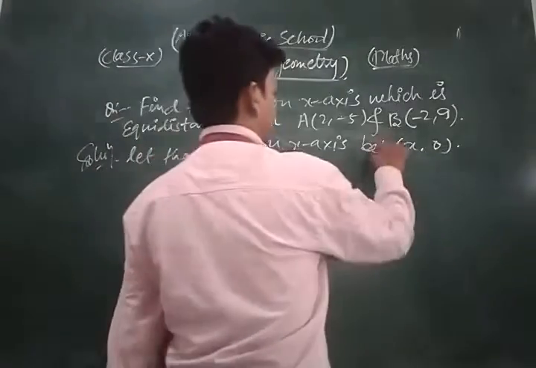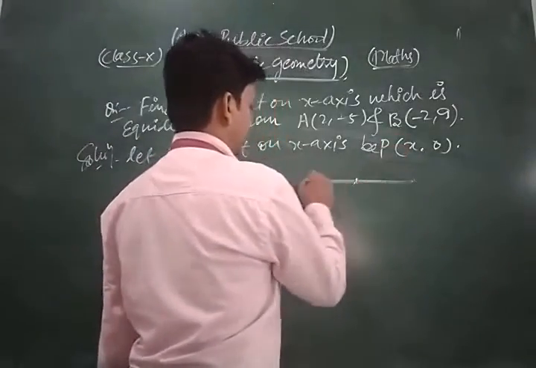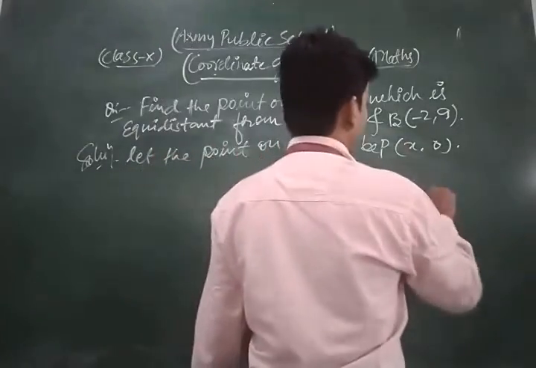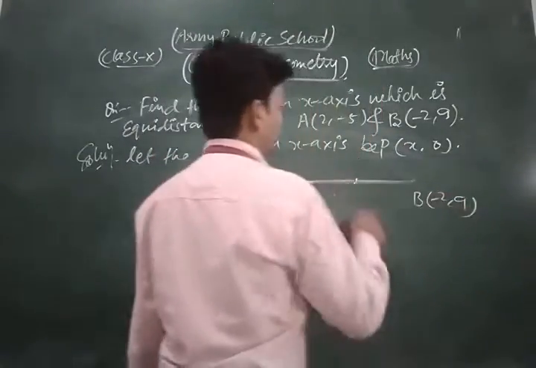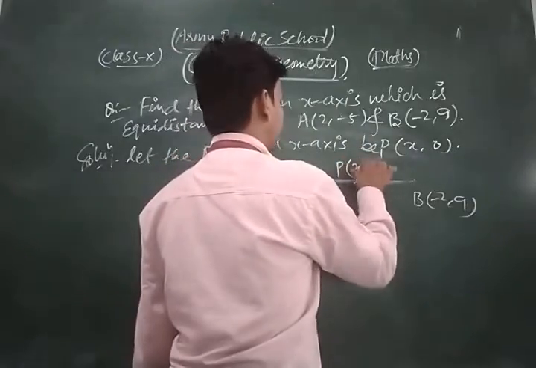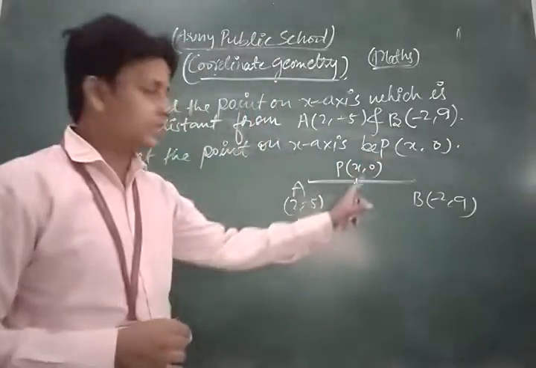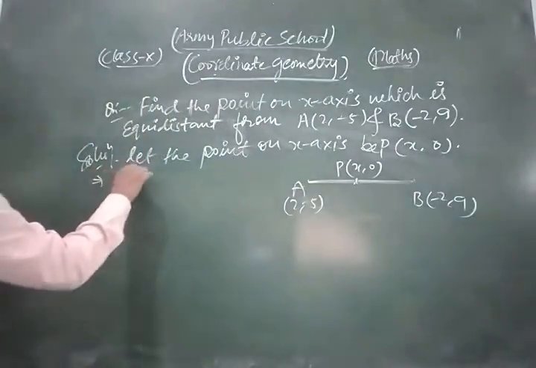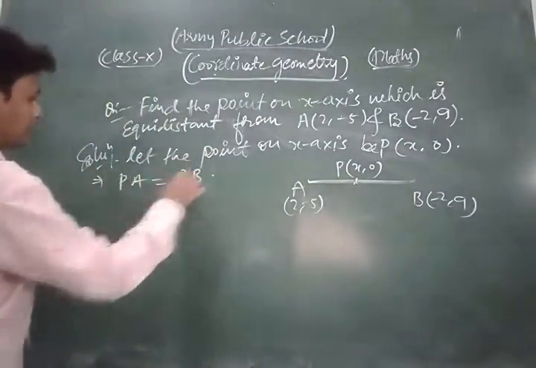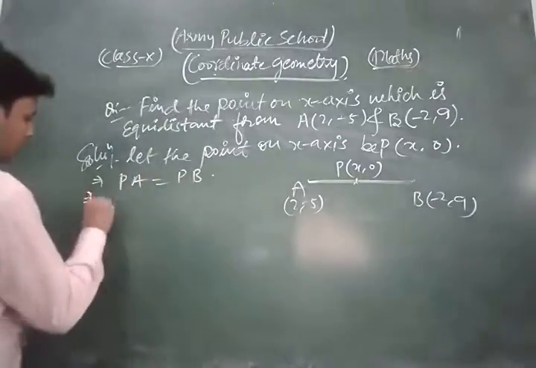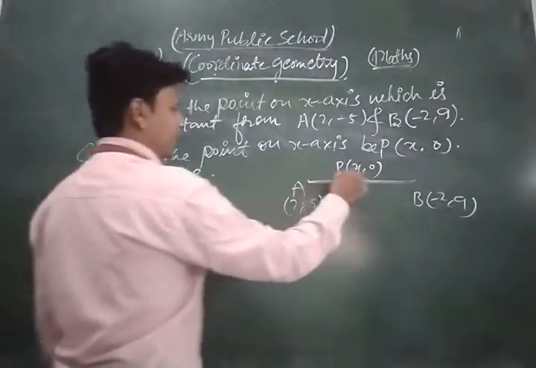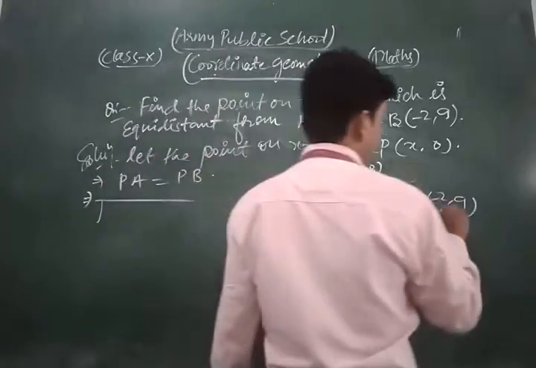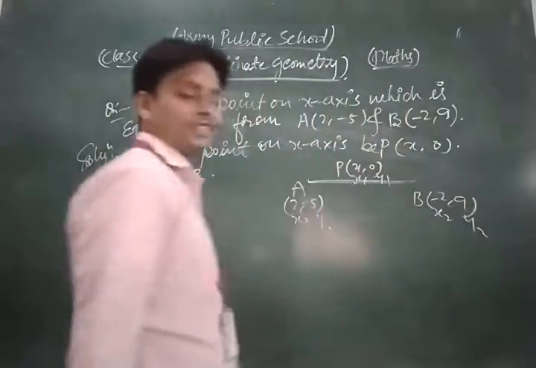Let P be that point. Its distance from these 2 points is the same, that is, according to the question, distance PA is equal to distance PB. So we can write PA, applying the formula, taking x1, y1, x2, y2, and similarly for the distance PB.